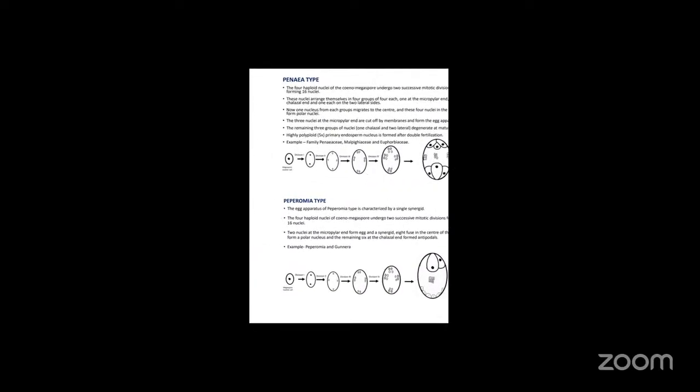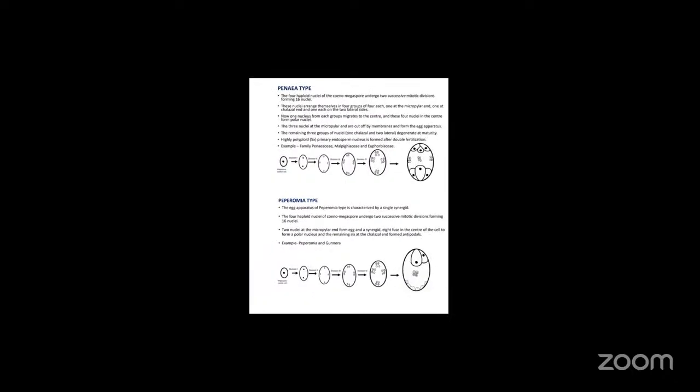Penaea type of tetrasporic embryo sac. This is found in the Penaeaceae family. Here the megaspore nuclei take a tetrapolar arrangement and divide twice to form the 16 nucleated embryo sac. So, see here, Penaea type.